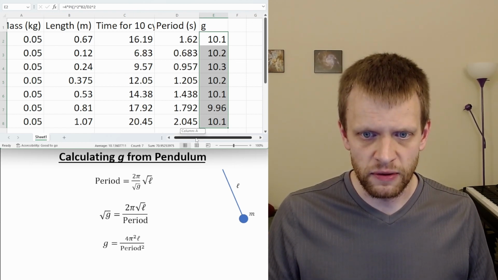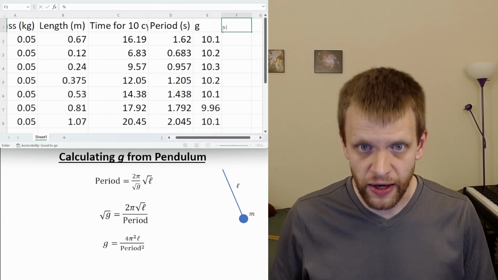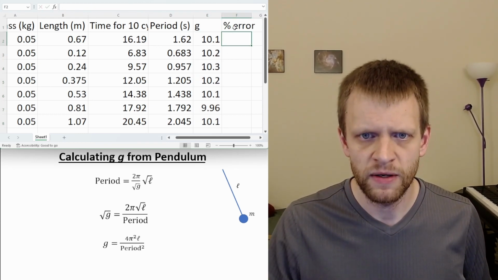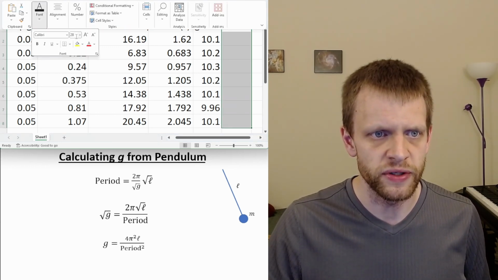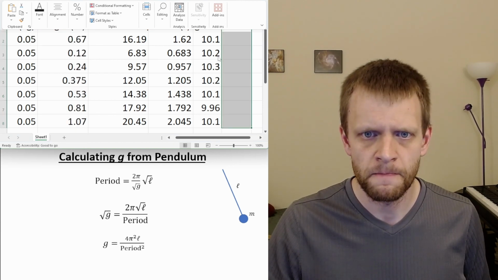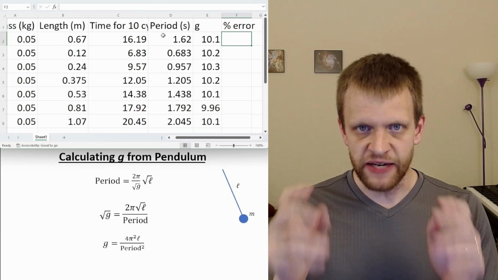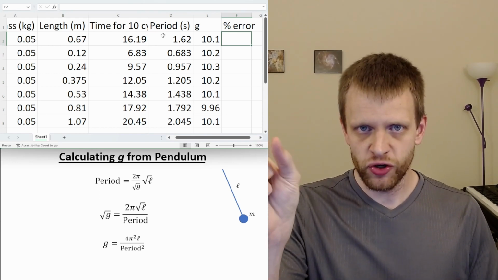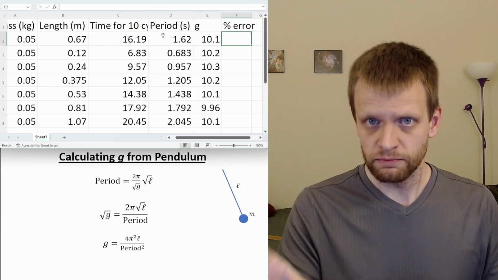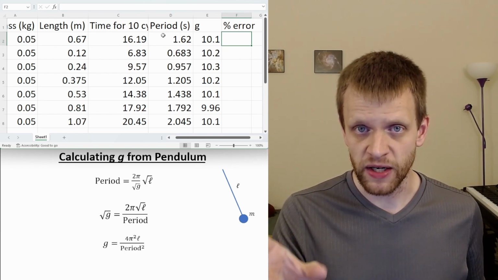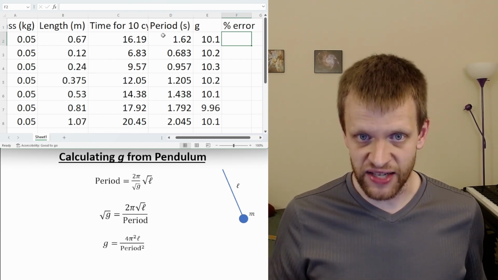In fact, let's calculate the percent difference. So we're going to do the percent error for each of these. I'll highlight all these and make sure that we can see the results for this one as well. And again, the percent error is the difference between my experimental value and the real value divided by the accepted value for g of 9.8 meters per second squared, and then multiplied by 100 to write that out as a percentage.